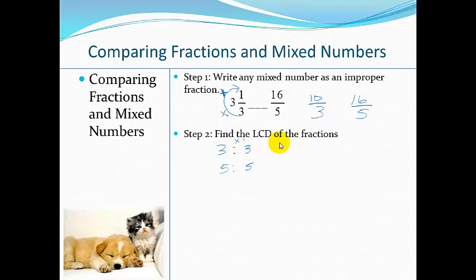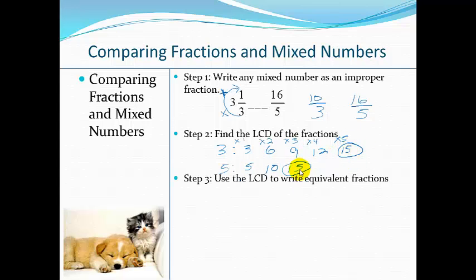Let's focus on the 3 real quick. 3 times 2 is 6, 3 times 3 is 9, 3 times 4 is 12, 3 times 5 is 15. And I know you're already saying, I already know it's 15. Calm down. 5 times 2 is 10, 5 times 3 is 15. And there you go, you're right. As soon as we get something that's in common, hence the word common, we can stop.